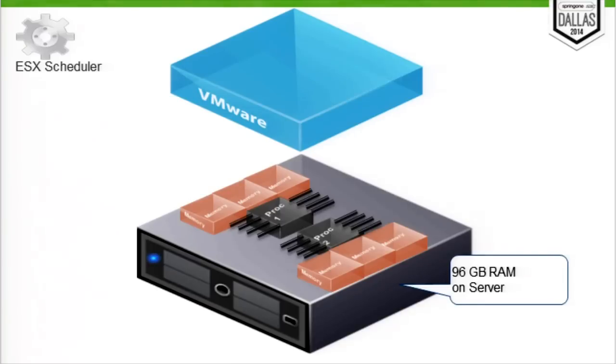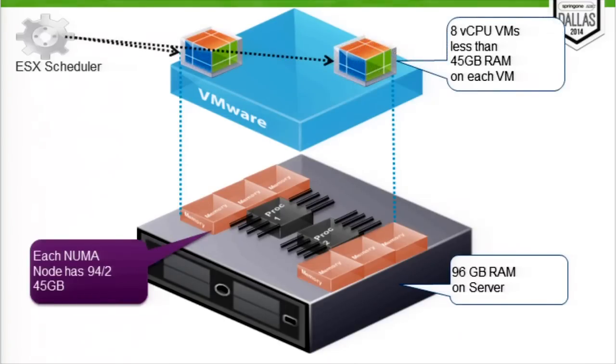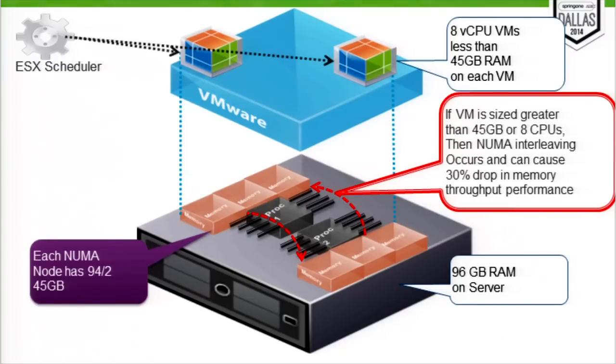If you pick a server with 96 gig of RAM, that's 2-socket, with 8 cores on each socket, a total of 16 CPU cores, you could put 2 VMs on there of about 45 gig. And by the way, this applies to physical too. It's just that with VMs, you've got NUMA optimization that saves the day for you.